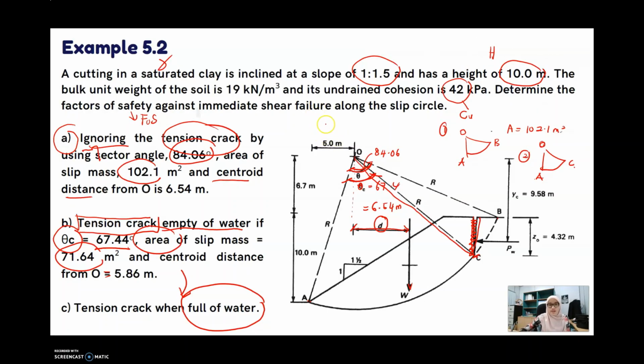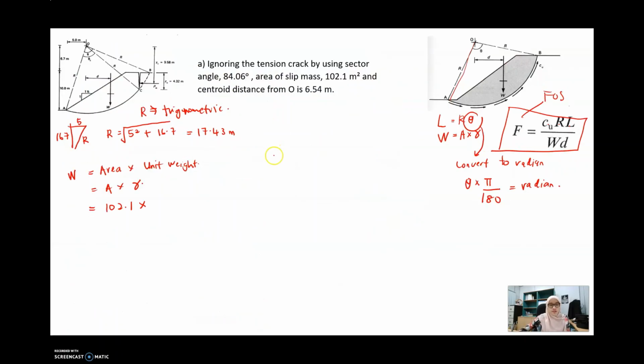Okay, there is the unit weight, 19. So the value should be equal to 1,900 kilonewton.